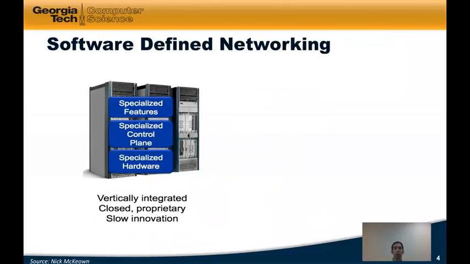For example, if you bought a router, you'd buy the hardware for that router, but you'd also get stuck with whatever software and features are shipping with that particular router. So this vertical integration essentially binds you to whatever software and features are shipped with that particular device. This bundling effectively slows innovation.